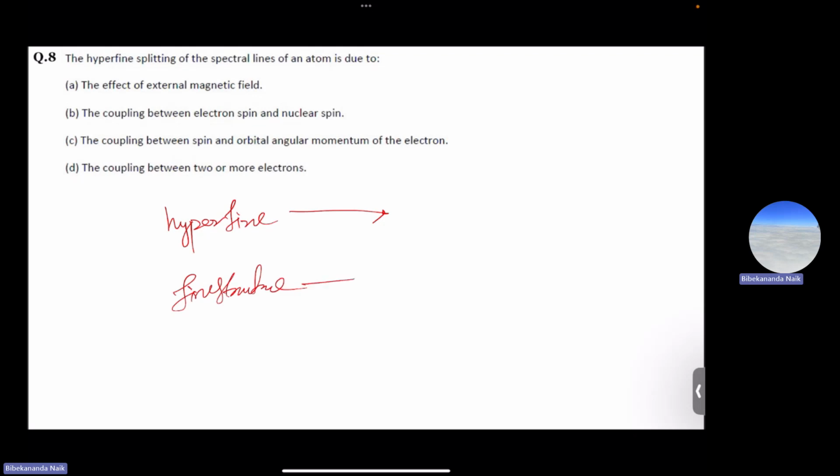So fine structure splitting corresponds to the interaction between the electron's spin angular momentum and the electron's orbital angular momentum. That is, spin angular momentum is the S vector and orbital angular momentum is the L vector. So due to these two interactions, we get fine structure. Take the transition from n equal to 2 to n equal to 1. There was only one transition. Like if you see, this is n equal to 1, this is n equal to 2.